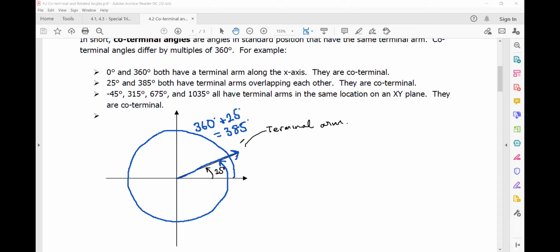I hope you understand that portion, right? I'm fixed at 0, 0, so it only makes sense. And so the angle of 25 degrees will give me the same calculations, the same ratio, the same values as 385 degrees. Because of that, we give them a special term. They say 25 degrees and 385 degrees are coterminal.